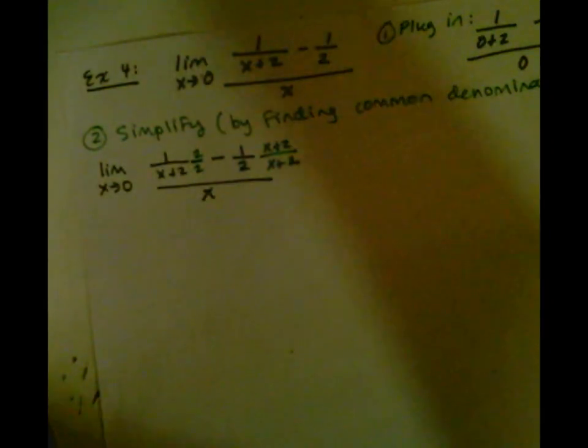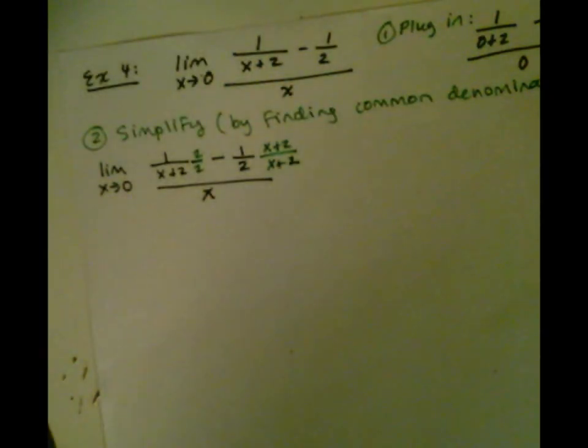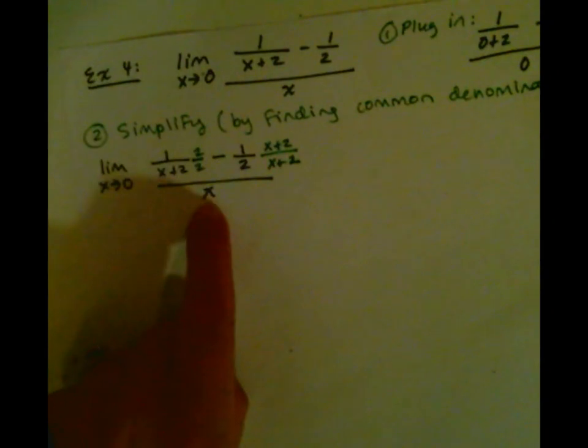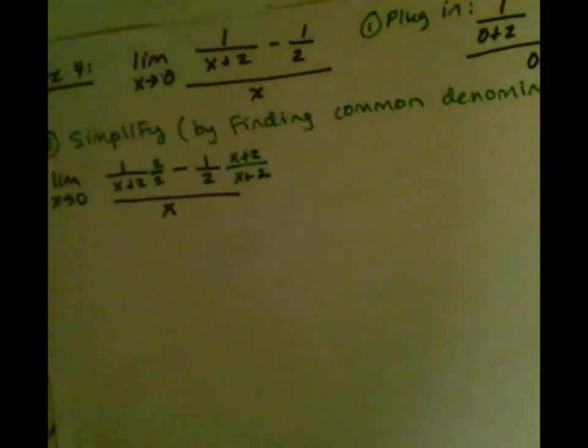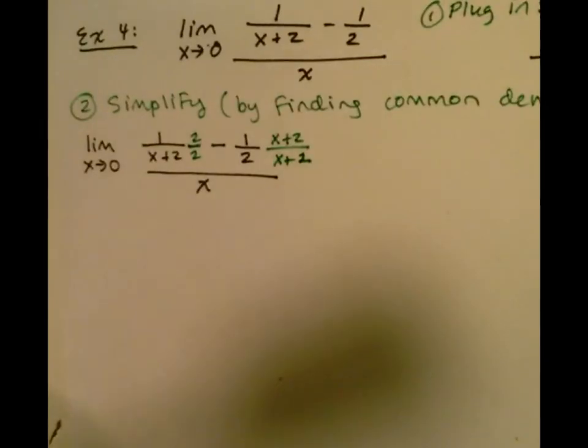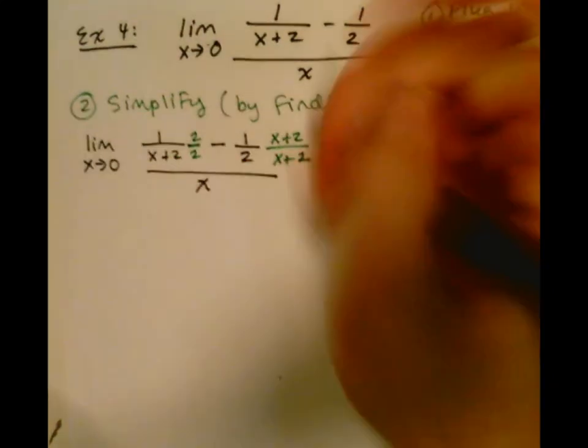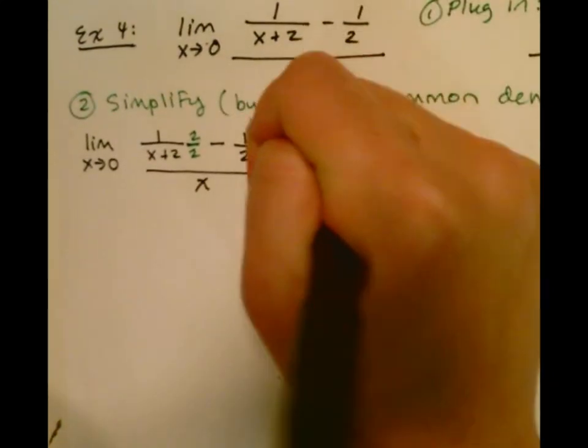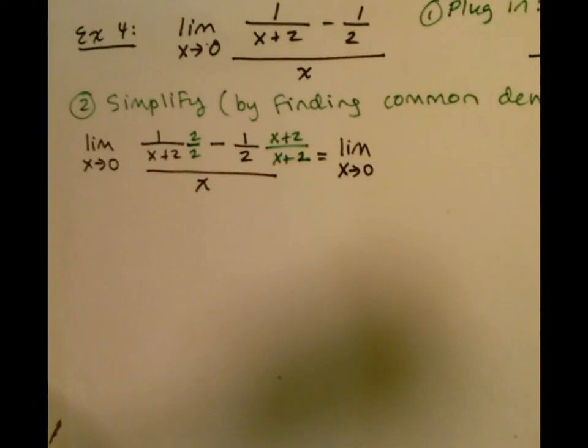And I don't need to do anything to the big denominator. I'm just ignoring that for now, and it's going to come into play at the end. So now this is the limit as x goes to 0 of what?